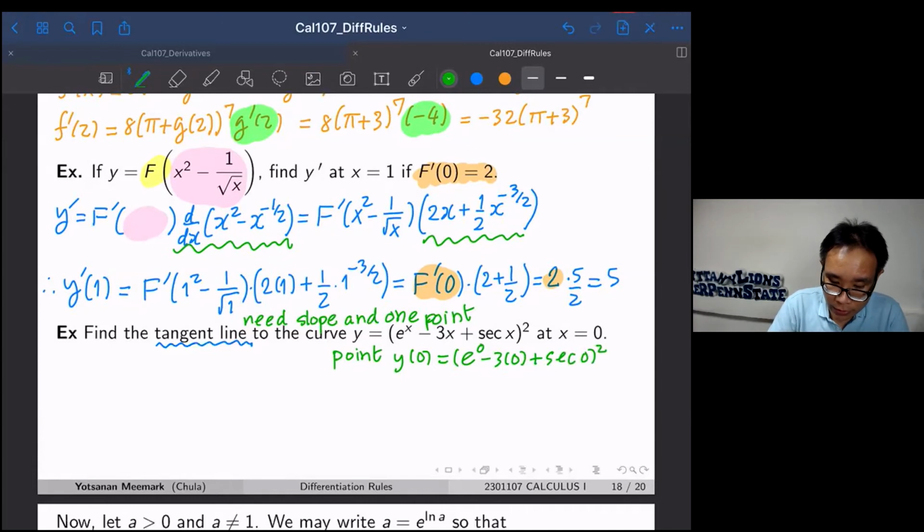So in this case, it's going to be 1 minus 0, plus 1 squared, so it's going to be 2, so the point turned out to be y(0) equal to 2. So the point is (0, 2).